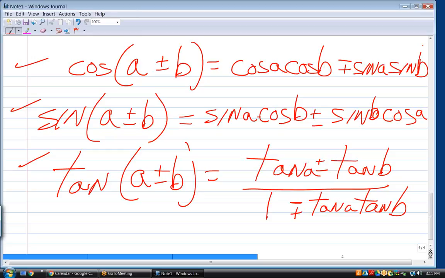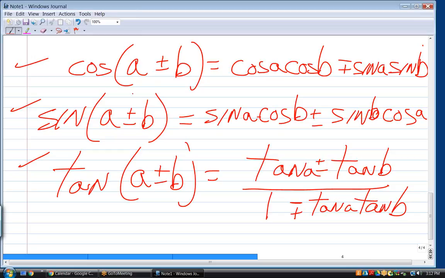But the main purpose they're used for at this level of trig is to find angles that we would not be able to do otherwise without a calculator. In other words, with a calculator, you can find the trig function of any angle. But without a calculator, you're kind of limited to 30 degree, 45 degree, 60 degree, 90 degree, or any multiple of those.